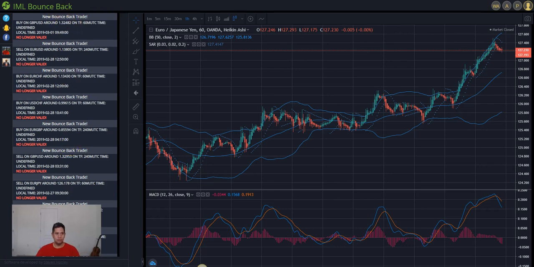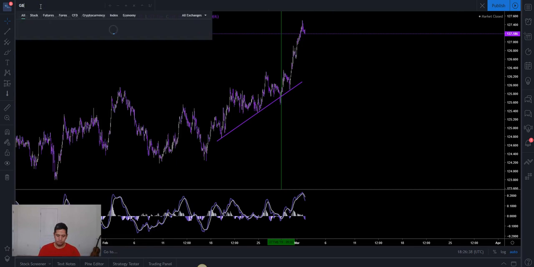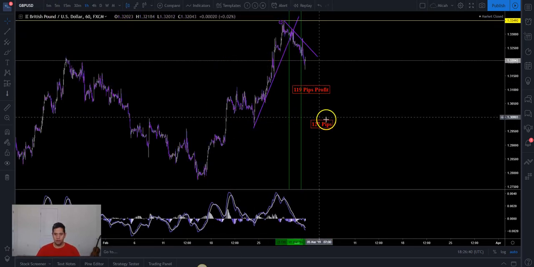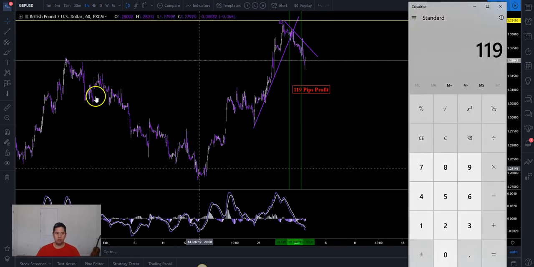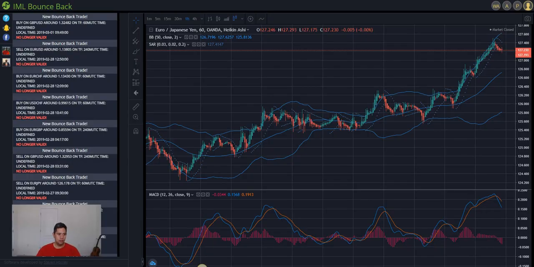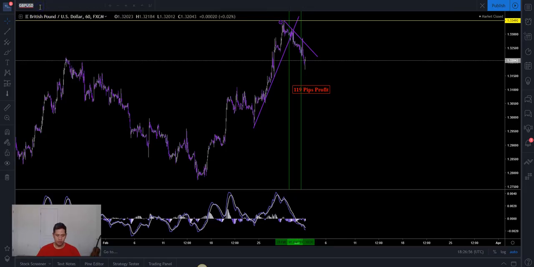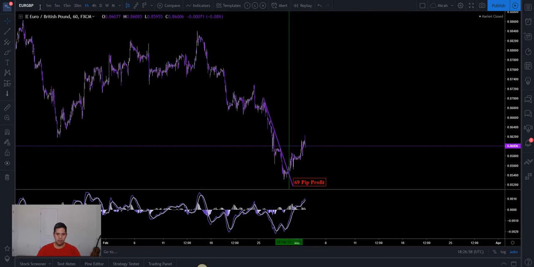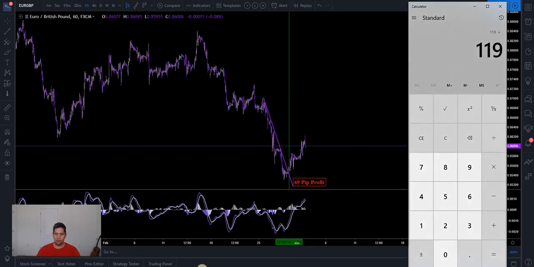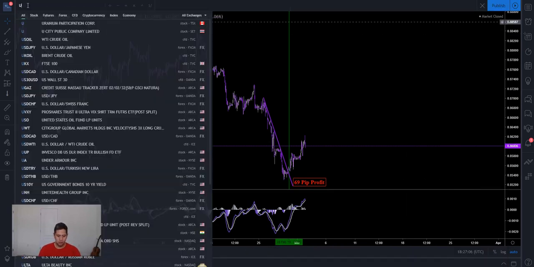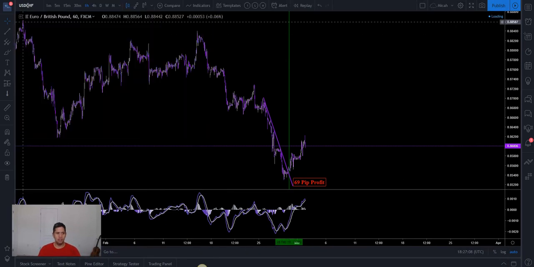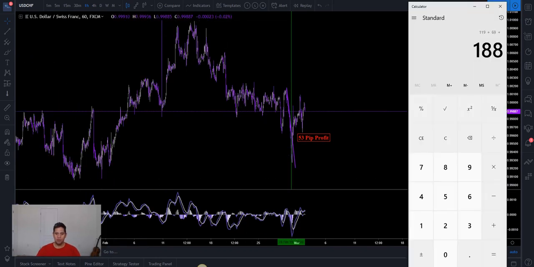GBP USD, 119 pips, plus Euro GBP, 69 pips, plus USD CHF, and I really should have written this down on paper, plus 53.